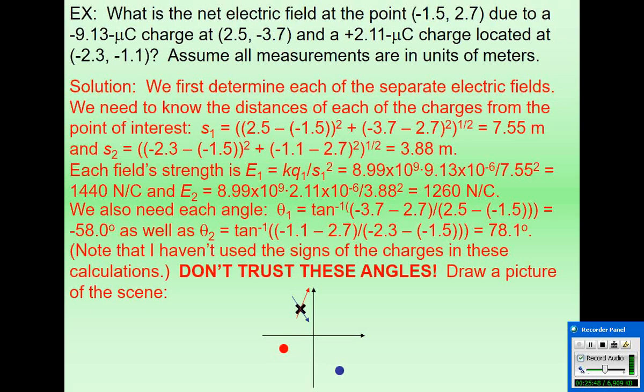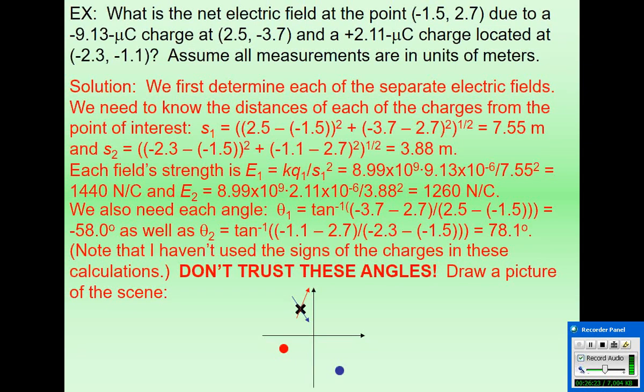If it's just the charge in red, that's a positive charge, the electric field that I would sense is pointing directly away from that charge, and so it would be represented by the red arrow. If the only charge is the negative charge, the blue spot, and I'm standing at that X, the only electric field that I sense would be pointing directly towards that negative charge, represented by the blue arrow.